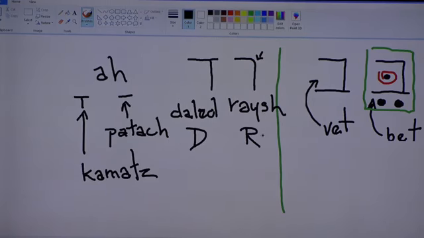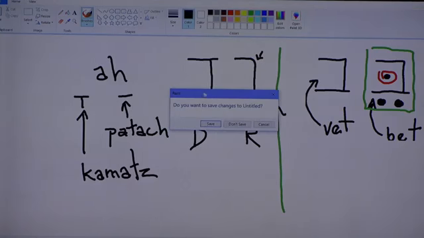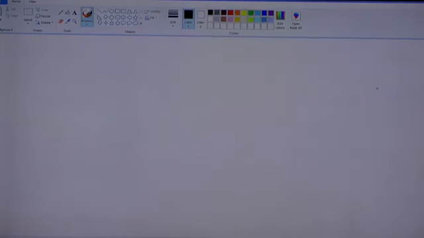You're on page 2. Because here we are going to clear that. So if I took a bet, and I took a resh and combined those two letters, those two consonants, and I put a patach underneath it, the patach sound is ah.